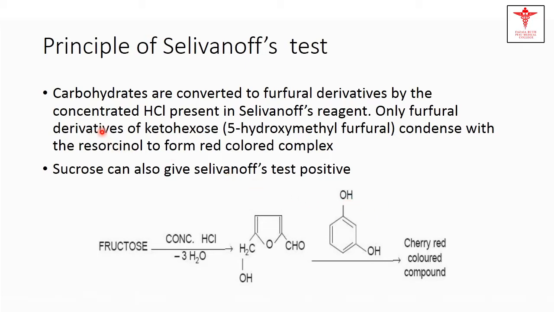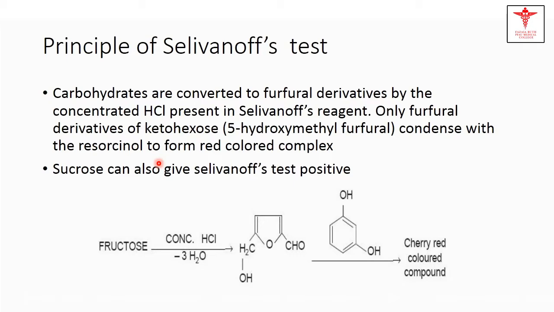Carbohydrates are converted to furfural derivatives by the concentrated HCl present in the Seliwanoff's test. Only the furfural derivatives of ketohexose, that is 5-hydroxymethyl furfural, will condense with resorcinol to give a red colored complex.